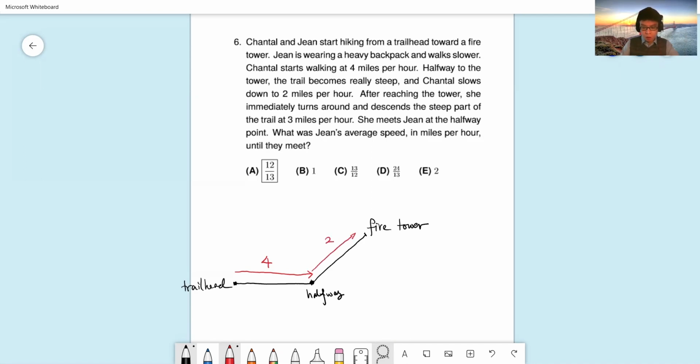And then she turns around, and the distance back to Jing is along the steep part. So she goes down here. So the speed was 3 miles per hour. At this halfway point, they meet. So that means Jing only walked half the trail. This is Jing. This one's Chantal.